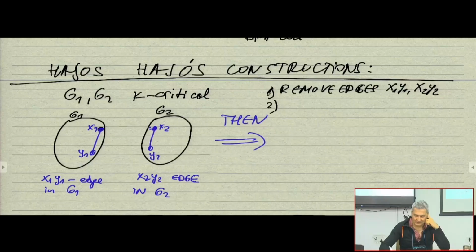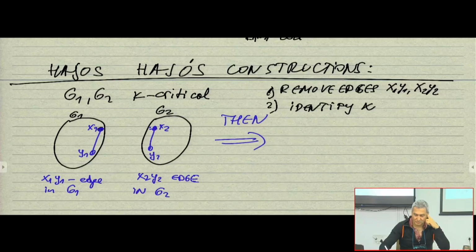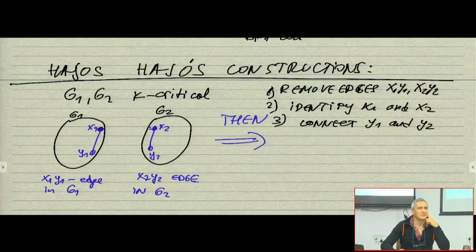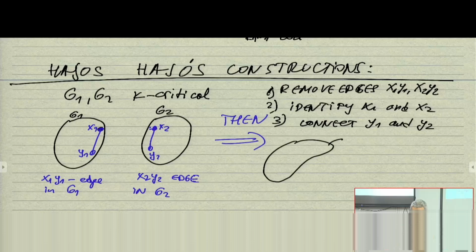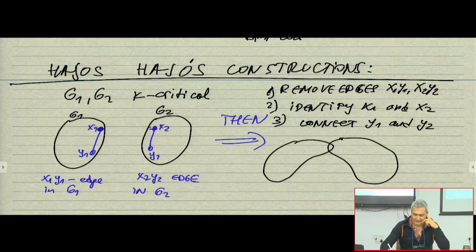Identify x1 and x2, and add a third vertex y1. If I draw it nicely, it will look like so. We put this new edge, and we remove this one.